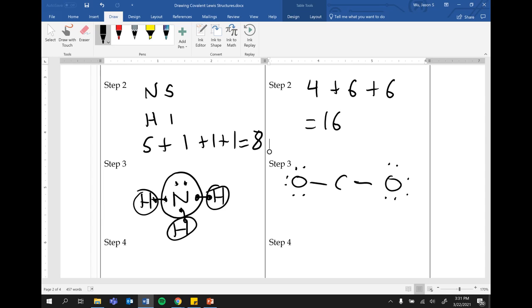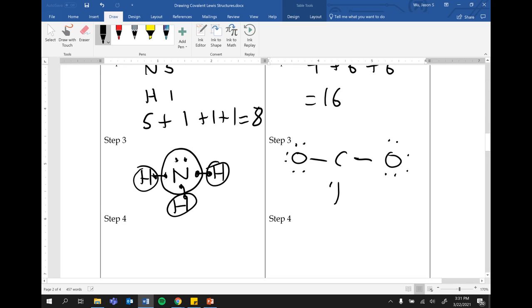Now my step 4 is to count the number of electrons around carbon. It has 2 valence electrons and 2 that are being shared from oxygen for a total of 4. But how many does carbon need around it in order for it to be happy? It needs 8. So I'm going to move some of these outer electrons to double bonds.